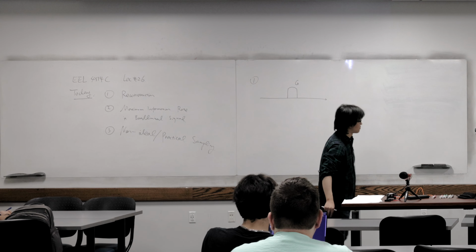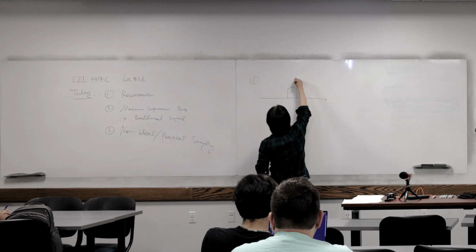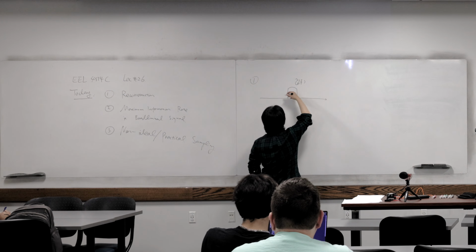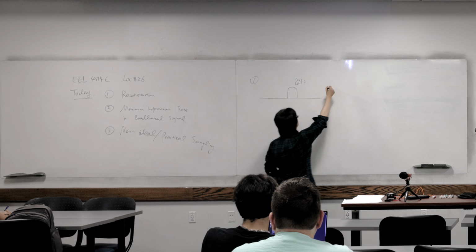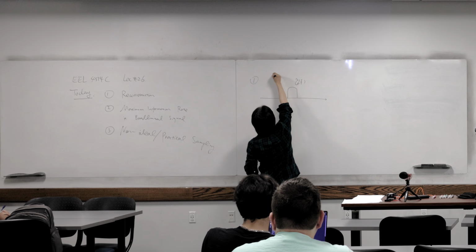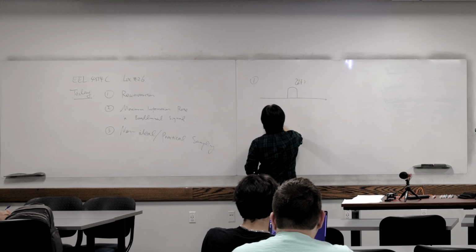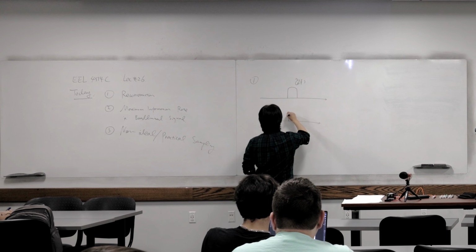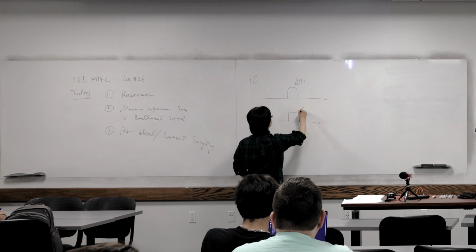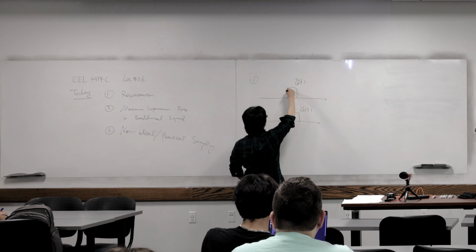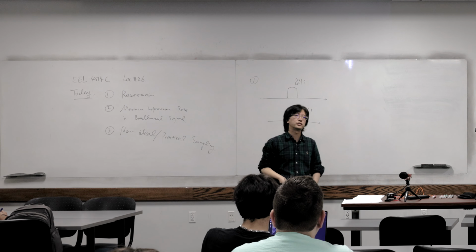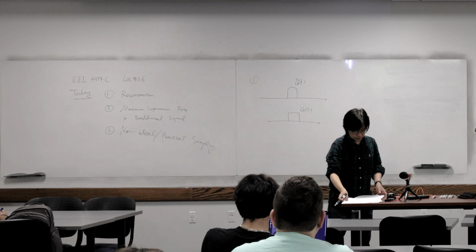I think I used G tilde of f. So remember the original signal that we care about looks like this. Let's say it's flat, G(f), right? But now we have some distortion going on. How can we deal with the distortion?